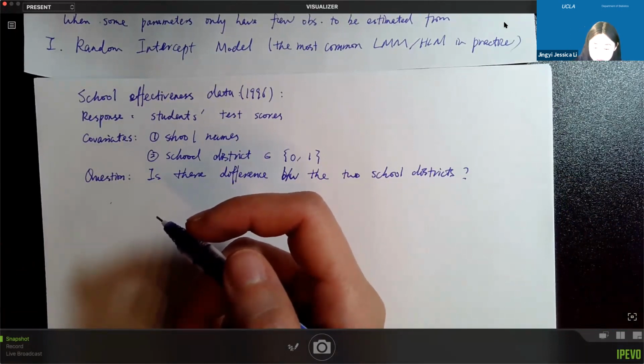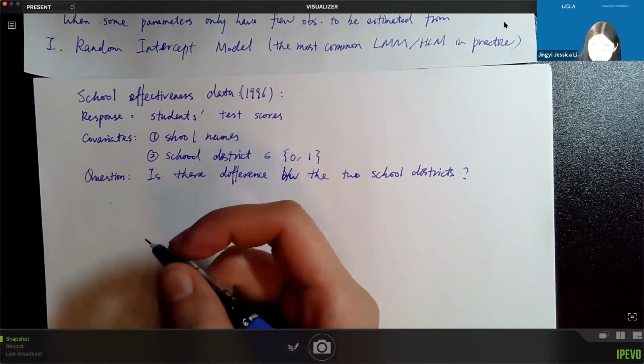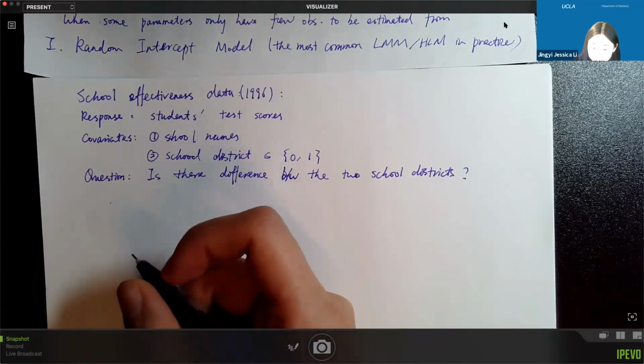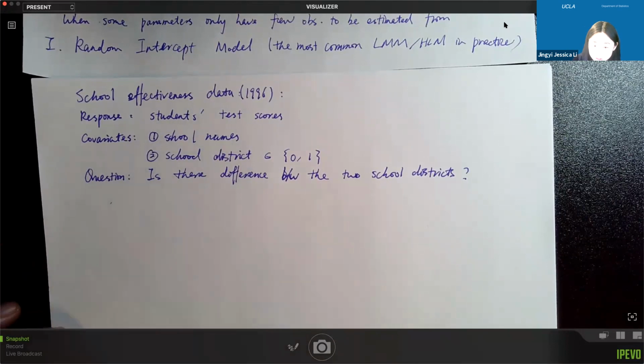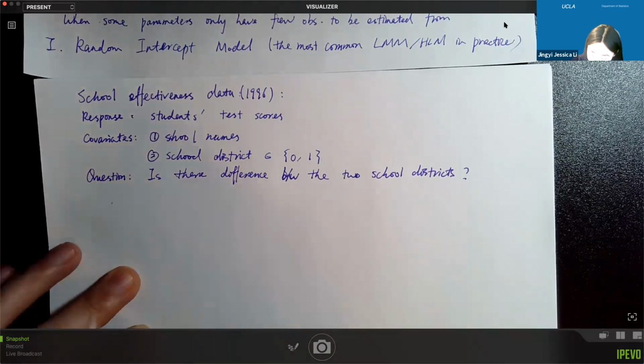So of course, there are two types of approaches. What we can do first is that we can just run a linear regression, right?